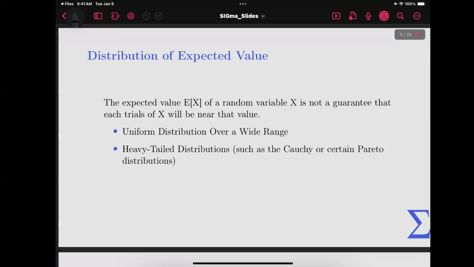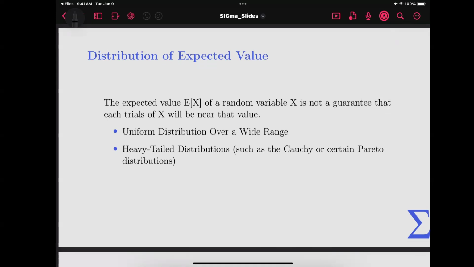Two of the most obvious cases where we will definitely not use the expected value are, for example, the uniform distribution, where the probability that x lands on the expected value is the same as it landing on any other point. So the worth of the expected value is literally none.